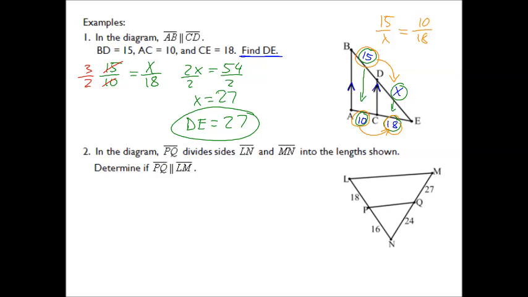So example number 2 is something where we need the converse of the triangle proportionality theorem to find our answer. In the diagram, PQ divides side LN and MN into the lengths shown. Determine if PQ is parallel to LM. So let's choose our segments and set up our ratios and proportions.